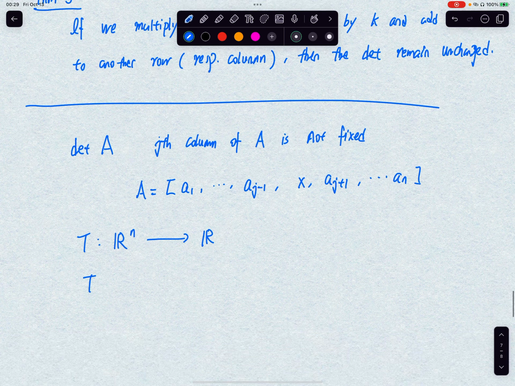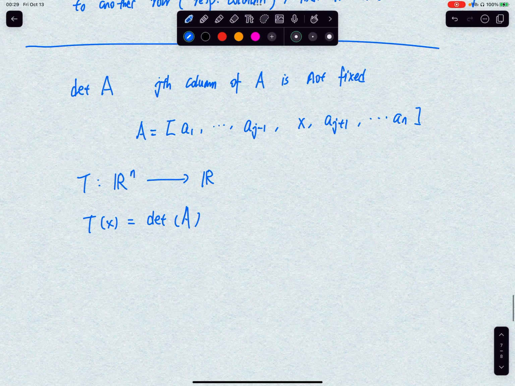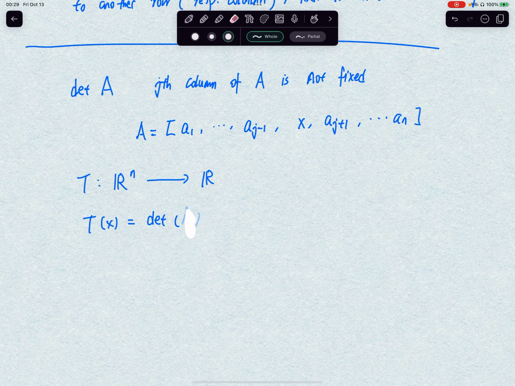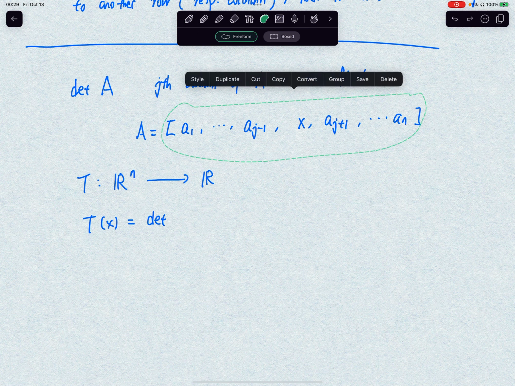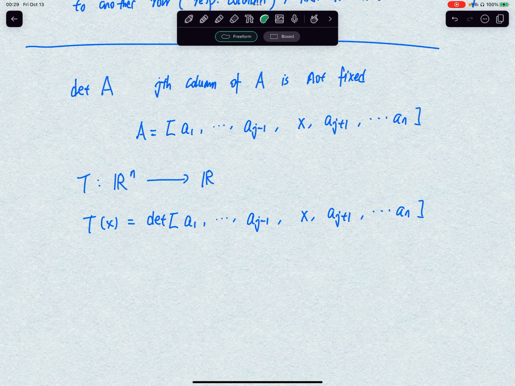It is defined by T of x equals the determinant of A with x in the jth column.